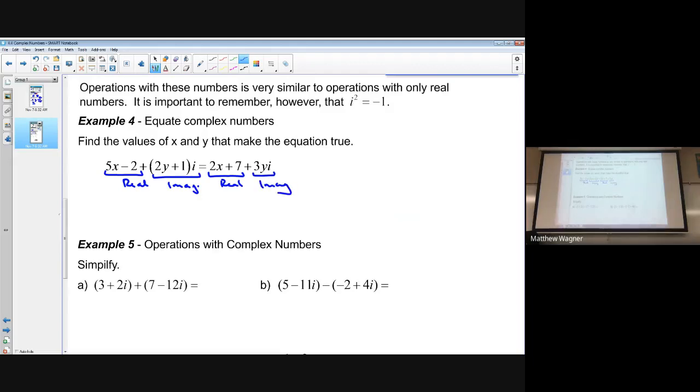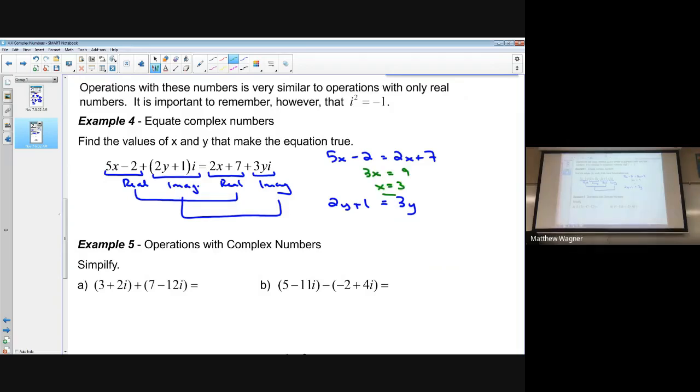If we want two complex numbers to equal each other, well, the real components would have to be the same. Additionally, our imaginary components would have to be the same. And then we can solve from here. We wind up with 3x equals 9, which means x is 3.